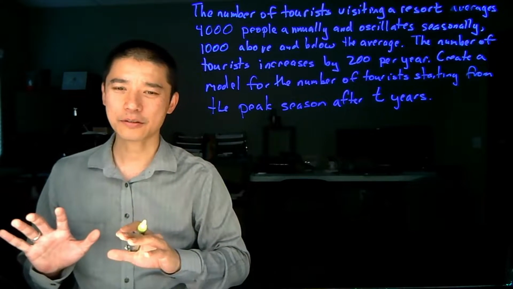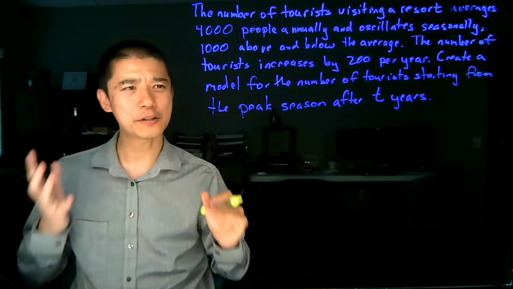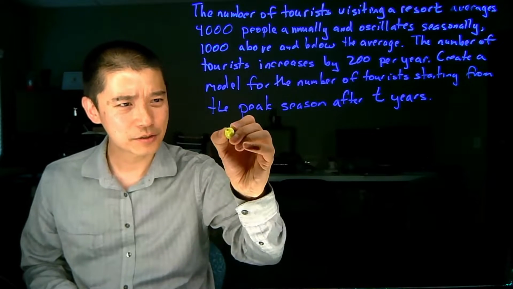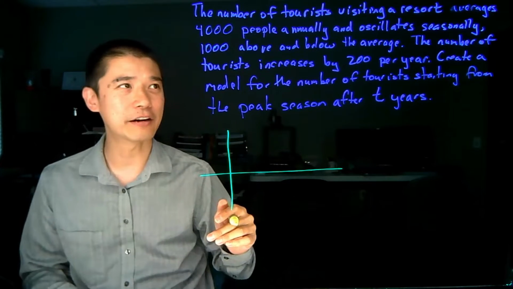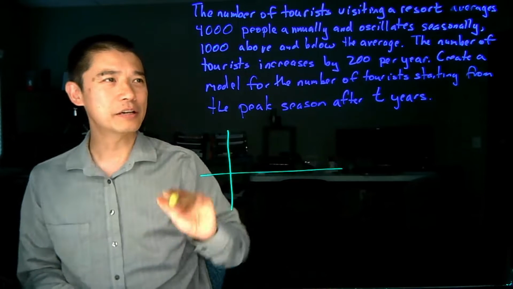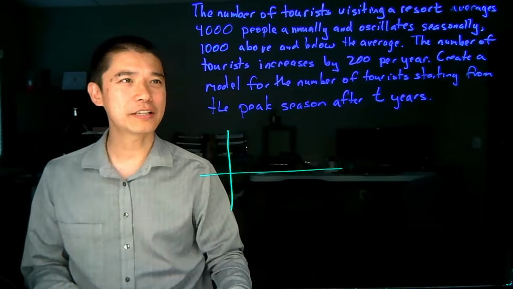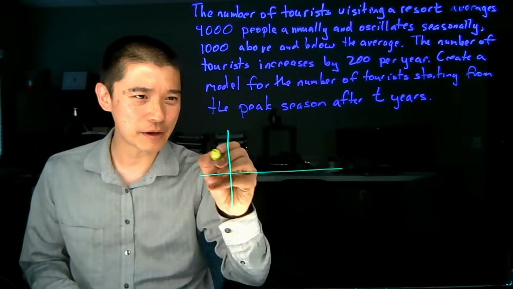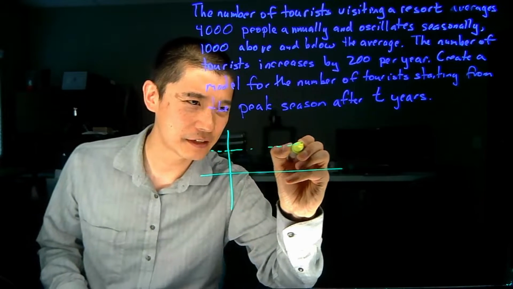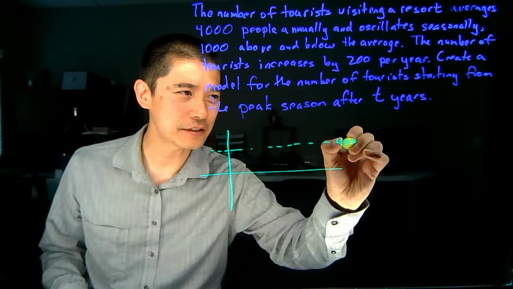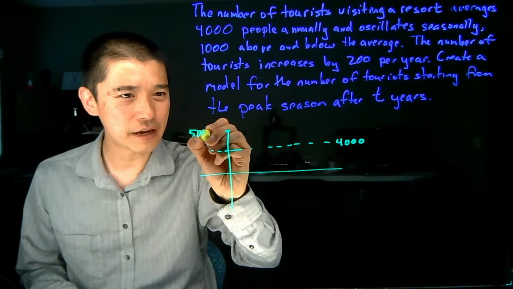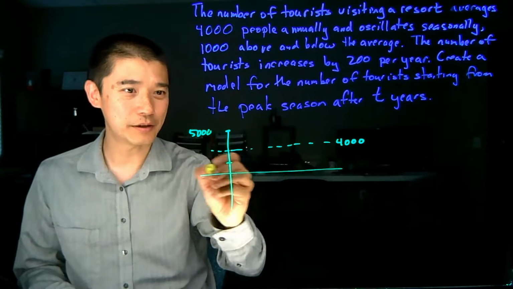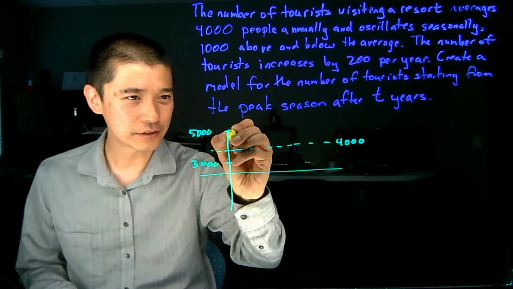So we're going to do this, not this problem first, but we're just going to think a little bit about what's happening. So here is a graph of the number of tourists in this resort. Now, if we ignore the part about increasing by 200 per year and just think about the behavior that we have, here's our average at 4,000, and it's going to go from above 5,000 to below 3,000, and it's going to have this oscillating behavior.